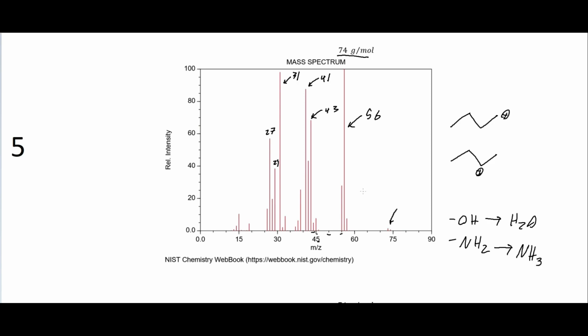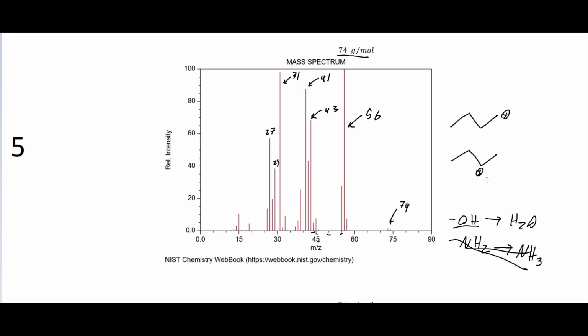Well, we know also that one of our little rules is that when we have a nitrogen, we will have an odd M plus with some even fragments. Well, it looks like we have an even M plus, our 74 here, and odd fragments, which tells us that we probably don't have a nitrogen present, and so we can probably rule that out. And so this tells us that we probably have an OH group on here.